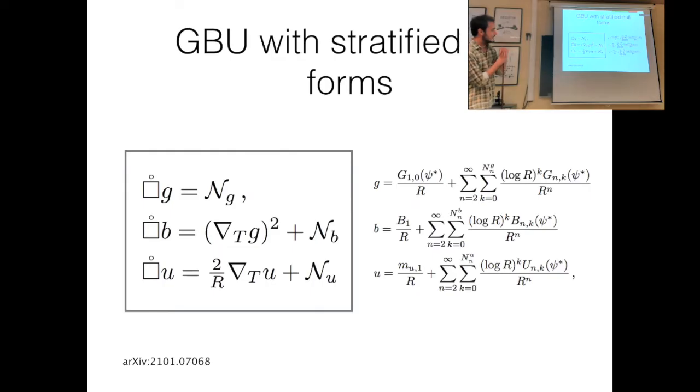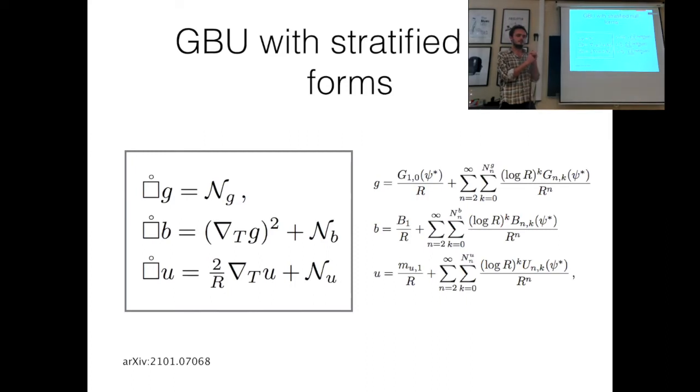And then we went further than that, and we allowed each of the equations to have these N terms here. And these are what we call stratified null forms. Stratified null forms are basically any terms that have two restrictions. They cannot have derivatives higher than first derivatives, and also they cannot contribute to order 1 over r squared.